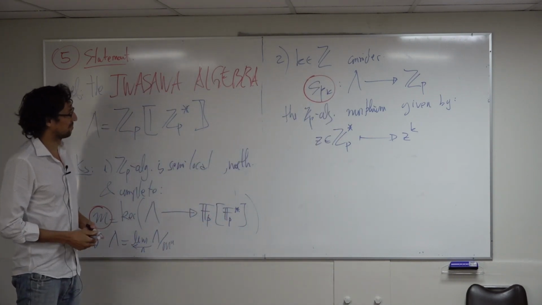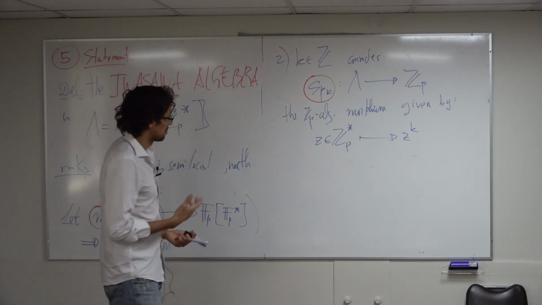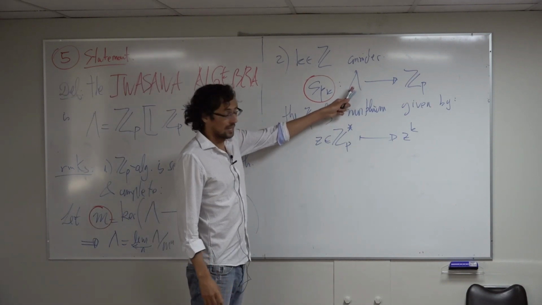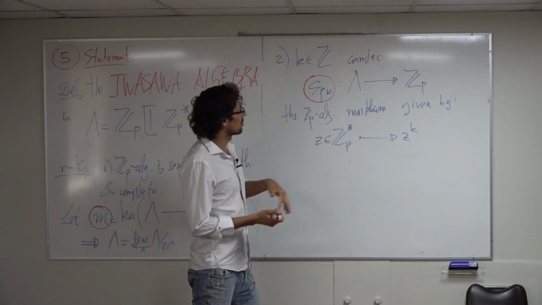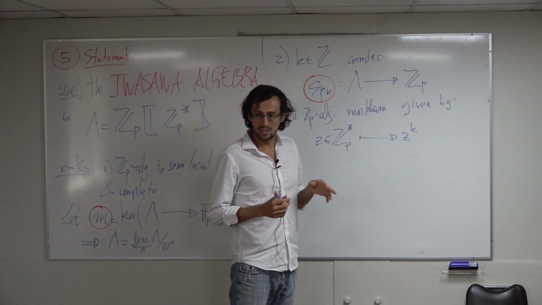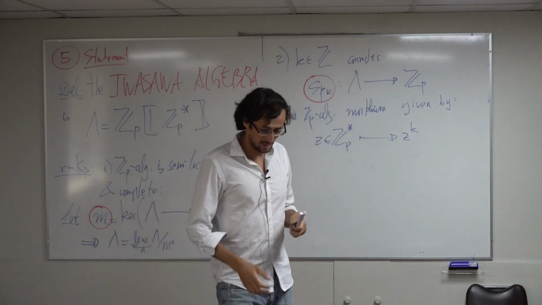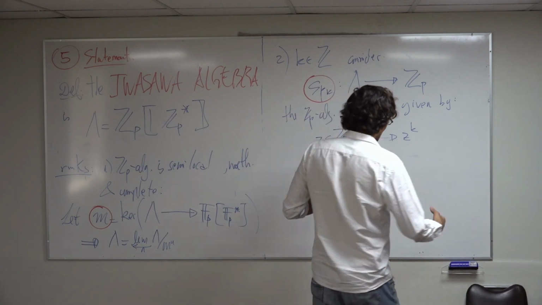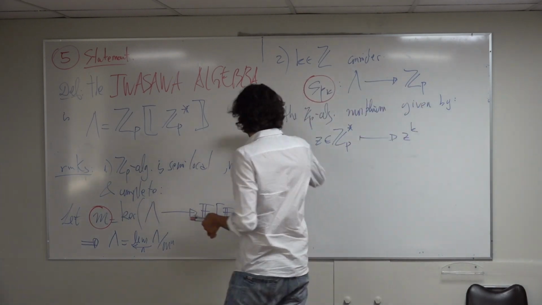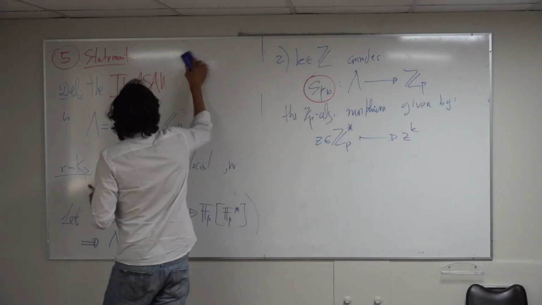Now when you have a model Omega over Lambda, you can produce a model over Z_p. And now you have the notion of Lambda being big and containing all the k's at the same time, given by this one. Now we can state the theorem.